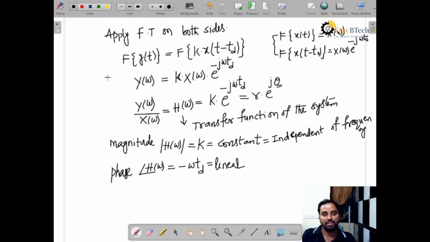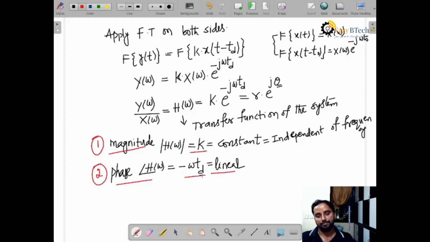So these are the two conditions: the magnitude response and the phase response. The magnitude must be constant, and the phase must be linear. Then the system is said to be a distortionless transmission system.